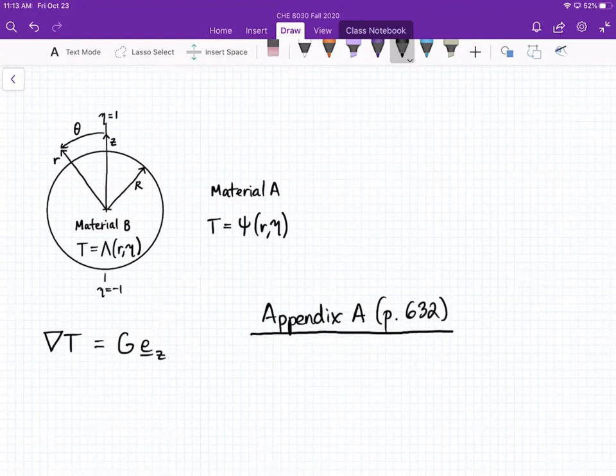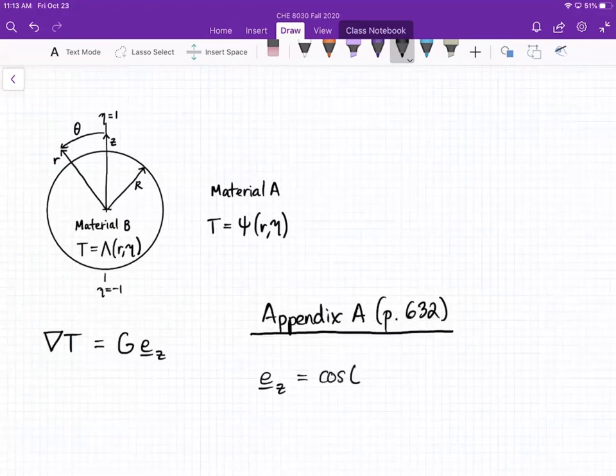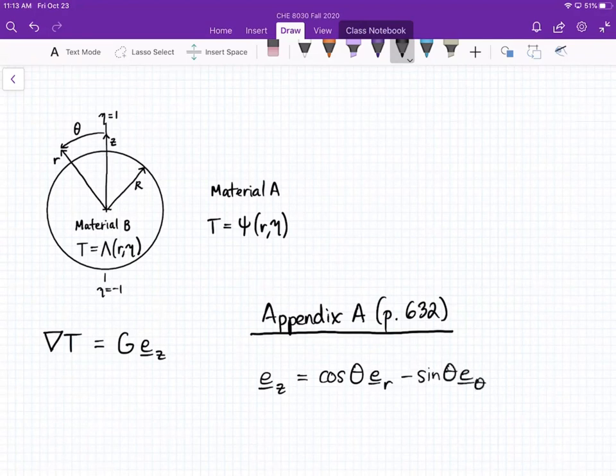And so on page 632, I can find the following identity. And this is for spherical coordinates. That unit vector in the Z direction in terms of spherical coordinates is equal to the cosine of theta, unit vector in the r direction, minus sine of theta, unit vector in the theta direction.